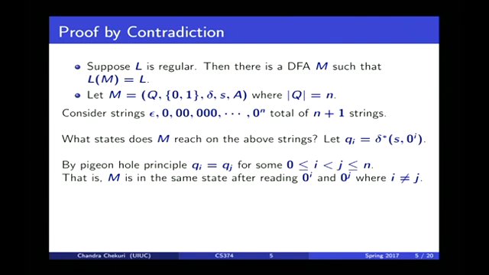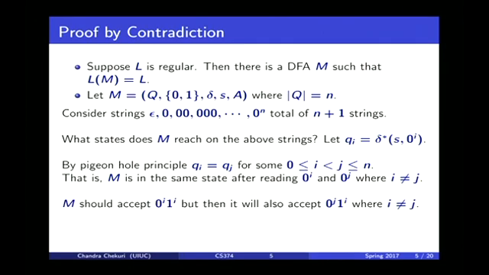No, I didn't consider only strings. What I said is that I will feed these strings and look at what the machine does. But then, how do I convince you that it is actually misbehaving? I asked you what happens if I give it the string 0 to the i, 1 to the i, and 0 to the j, 1 to the i.